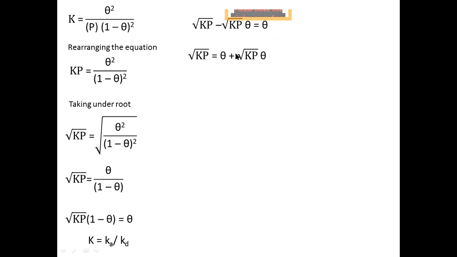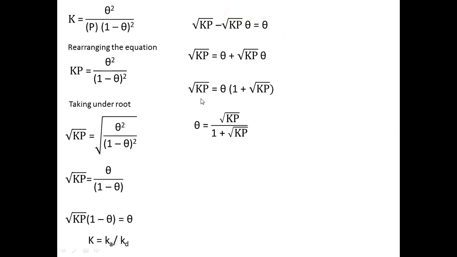Now this is just the rearrangement of this equation. This is a minus under root kp theta. Moving to the right hand side, it will become positive. And then you may take theta as common, and what is left will be 1 plus under root kp if you take theta common out of this equation. Now theta will be equal to, again you want to divide by under root kp, and this equation will become this.